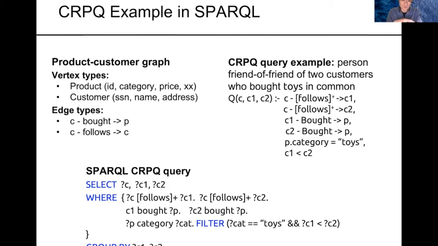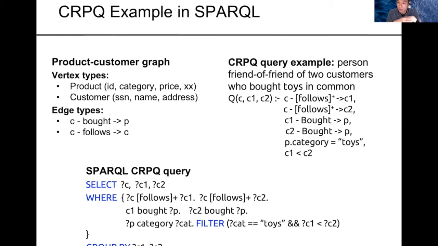The product customer graph has two vertex types, product and customer, and also two types of edge: customer C bought a product P, and a customer follows another customer. And the query is asking for a friend of friend of two customers who bought toys in common.